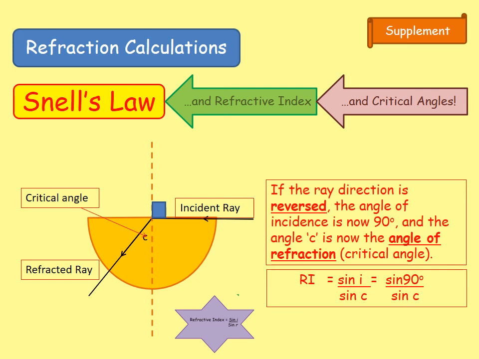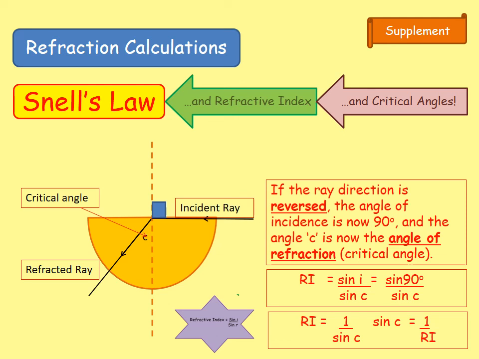Rearranging that, we now know that the refractive index is going to be 1 over the sine of the critical angle, or another way to write that is that the sine of the critical angle is going to be 1 over the refractive index.